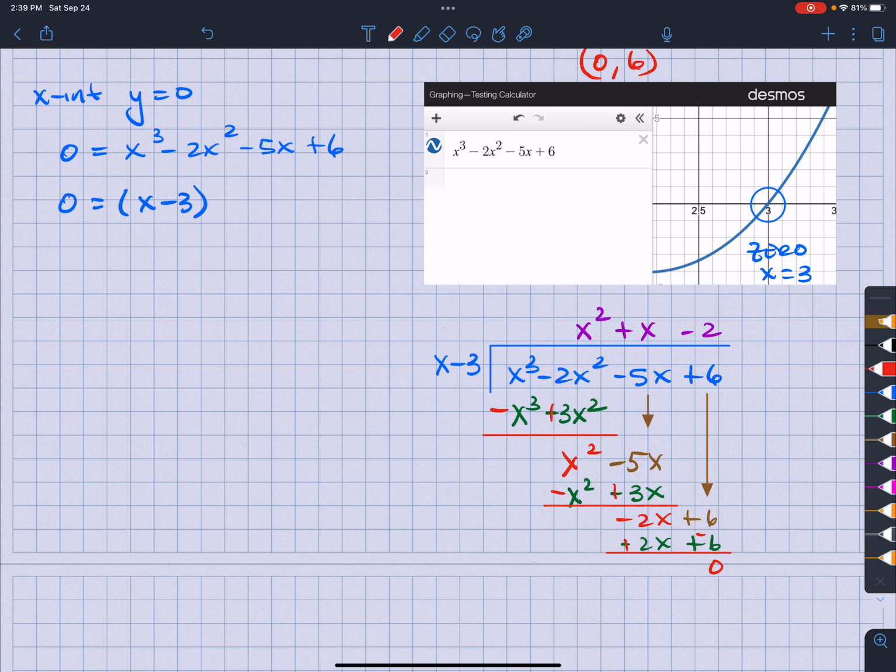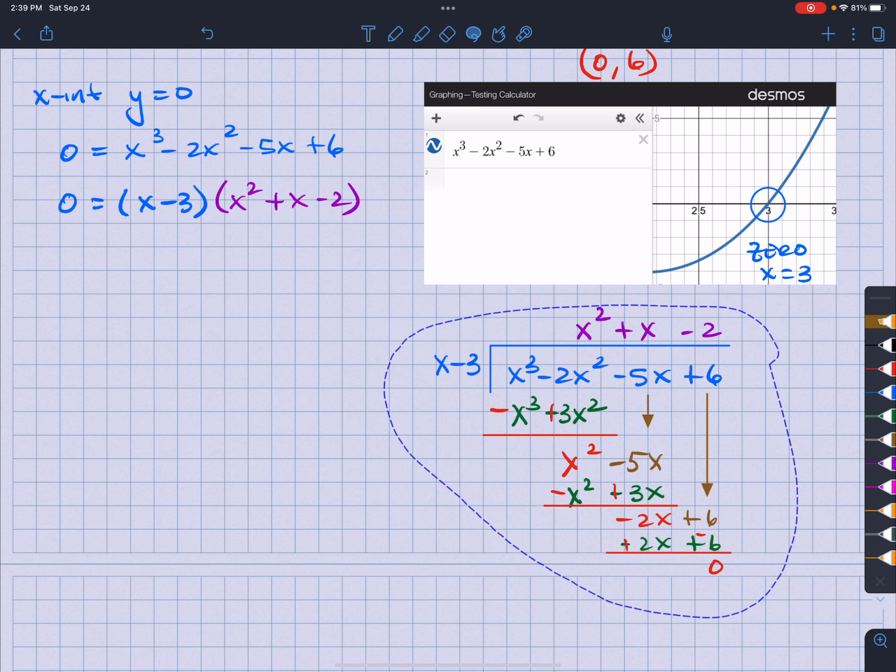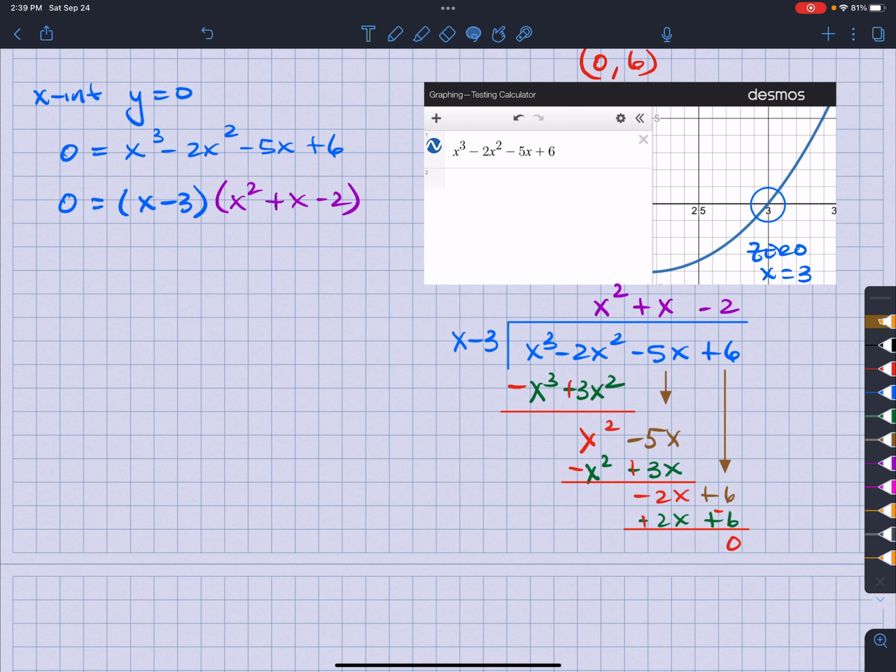So that means I'm going to have x squared plus x minus 2 is what we have there. And I can factor that. So I have 0 is equal to x minus 3 times x plus 2 and x minus 1.